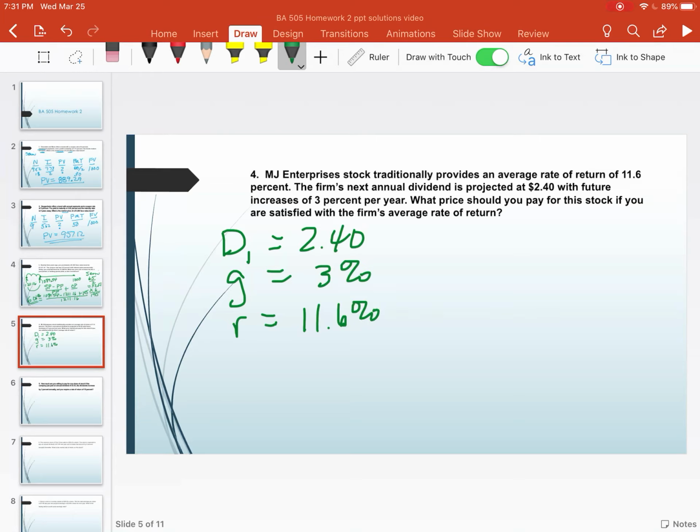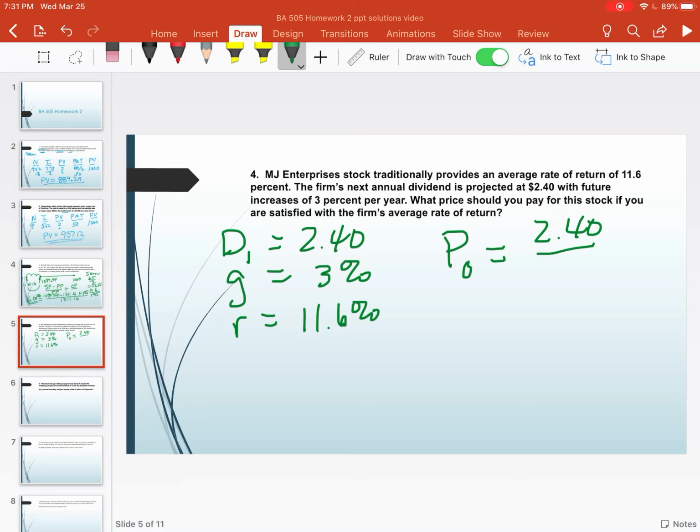So using our dividend discount model, we're trying to solve for P sub 0 or today's price. And in that case, we're going to be looking at 2.4 as our dividend, okay? And it's just going to continue to grow at the constant rate of 3%.